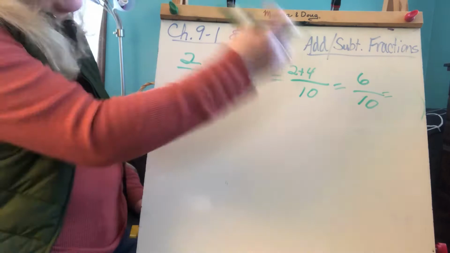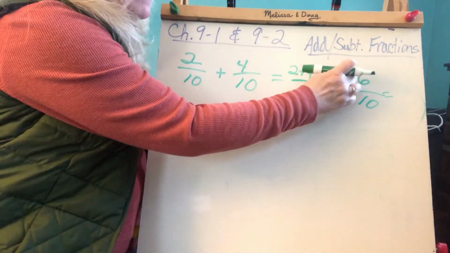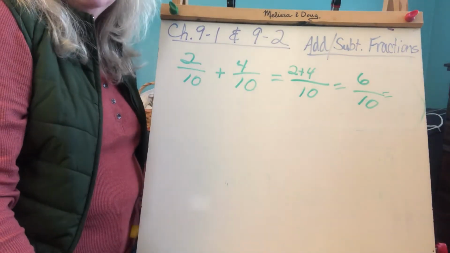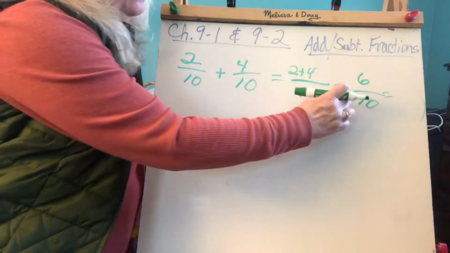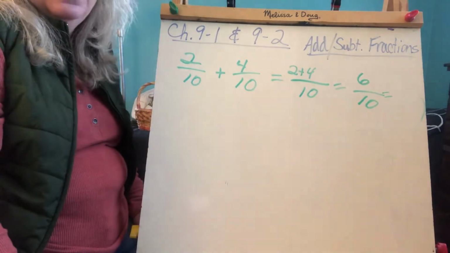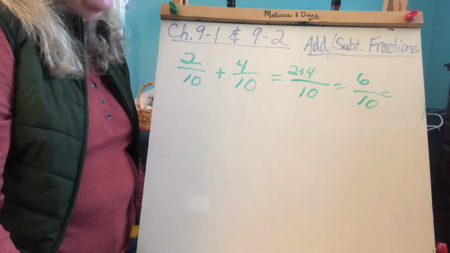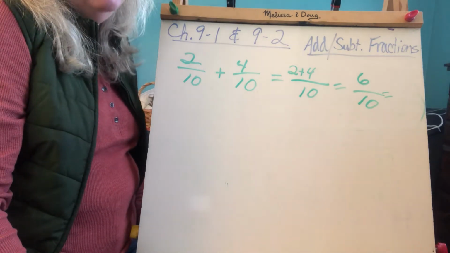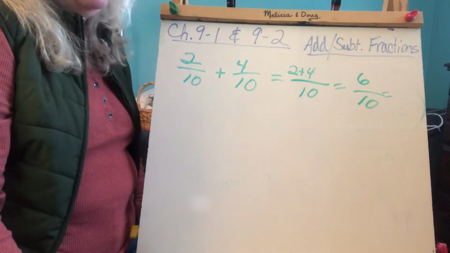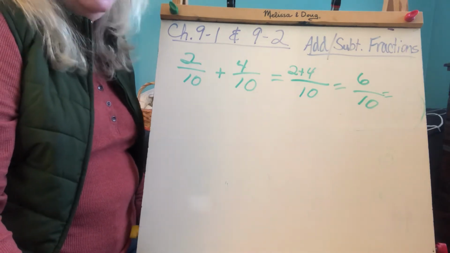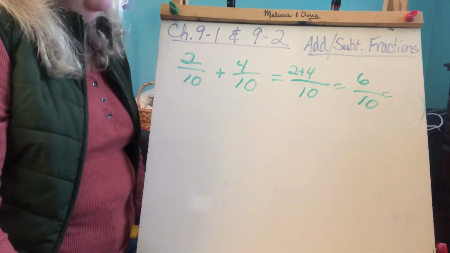So I have to ask myself, is there a number that is a factor of 6 and is also a factor of 10? We want the biggest number that will go into 6 evenly with no remainder, and the same number must also go into 10 evenly with no remainder.